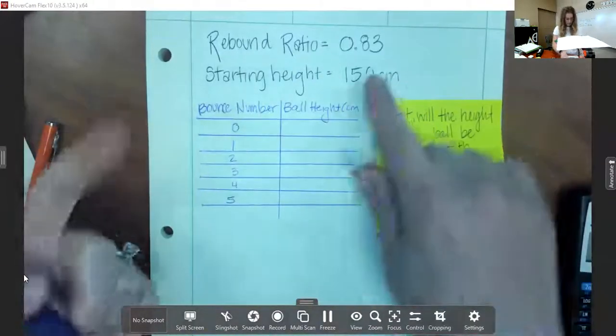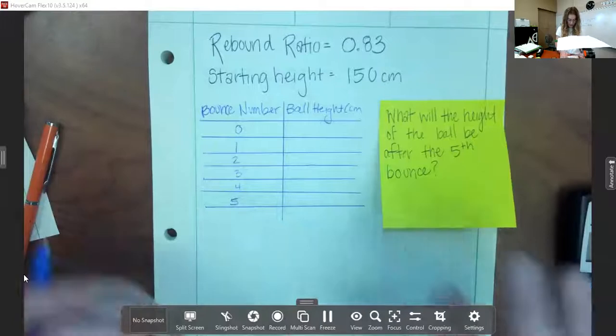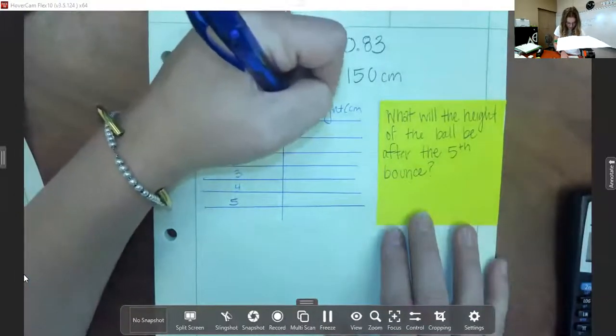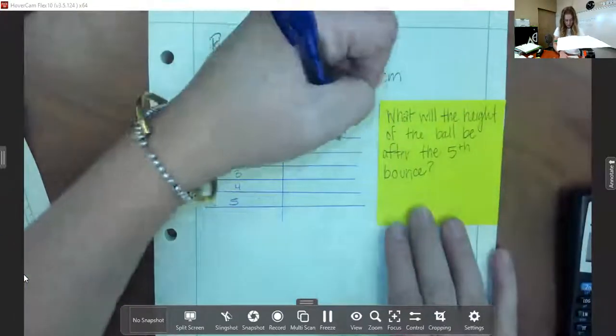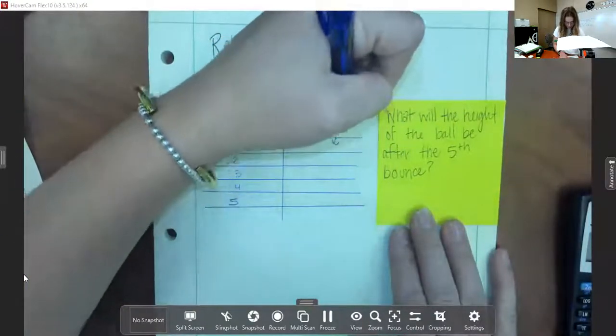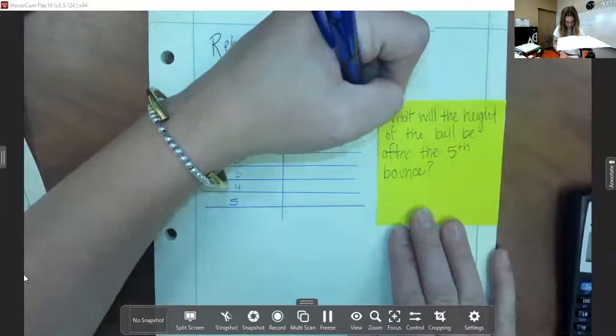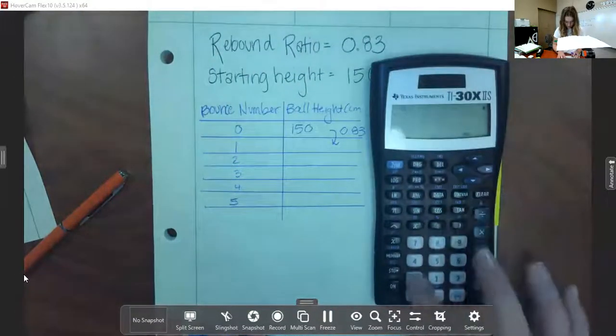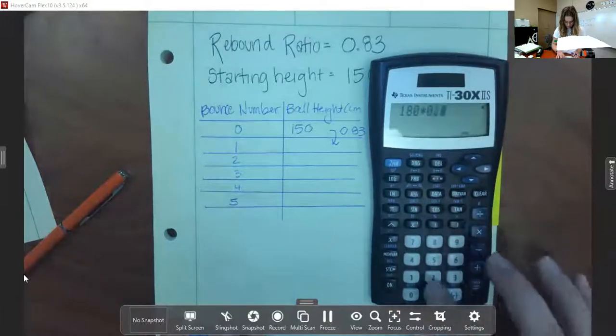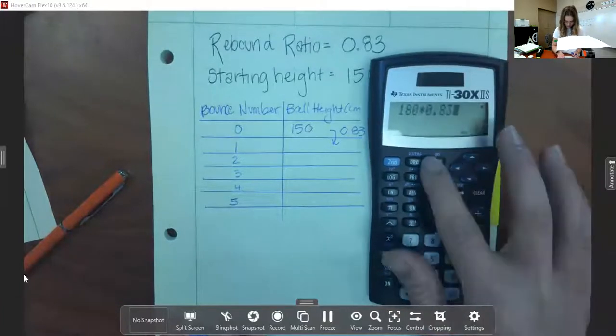All right, so the 0th bounce, so the starting height was 150, and then the rebound ratio was 0.83. So we would multiply 150 by 0.83 to get the next bounce height. Oops, I put the wrong number in.